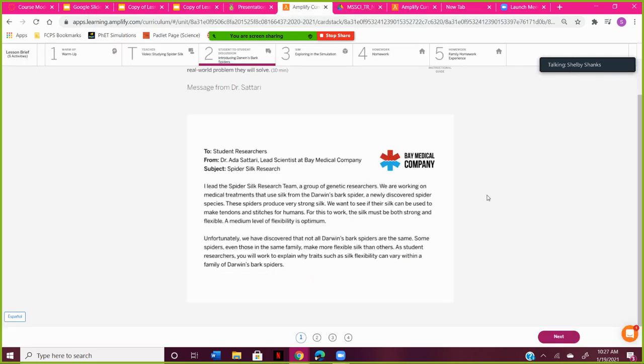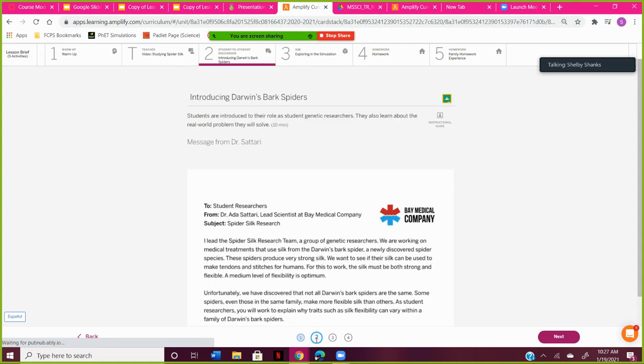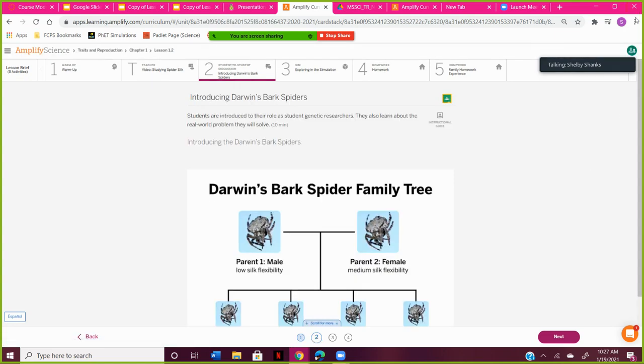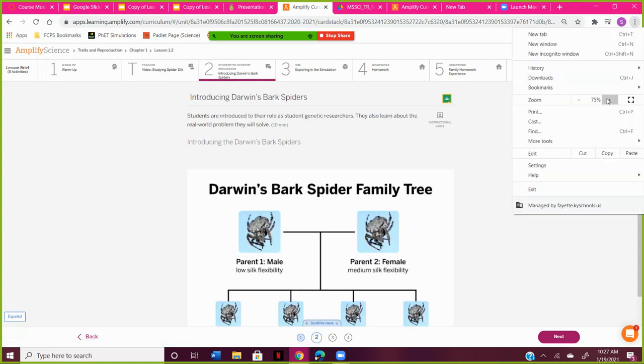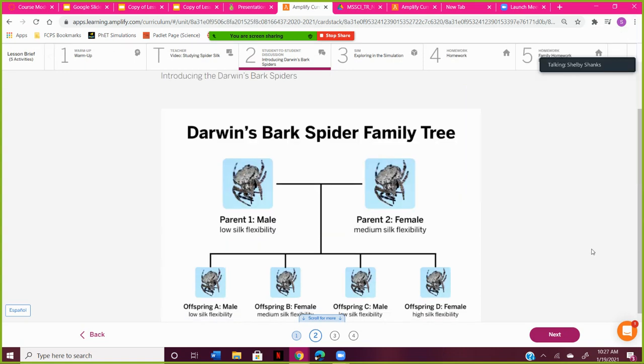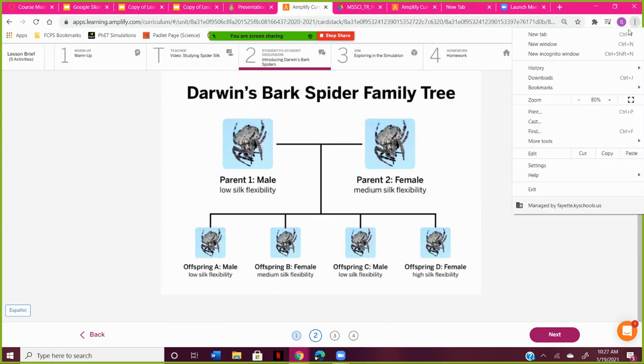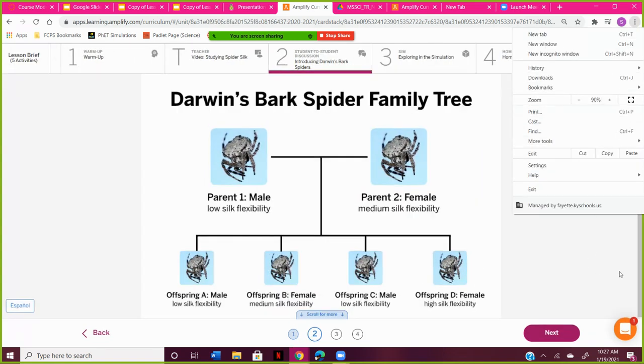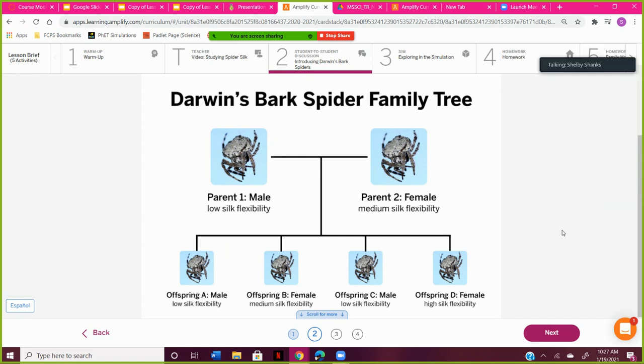So I'm going to go to amplify and show you this. It zooms in a little bit so you can see it a bit better. I don't think you can see it on the Pear Deck very well. So if you're looking at my shared screen, you should be able to see the family tree. In our Pear Deck, I want you to respond.